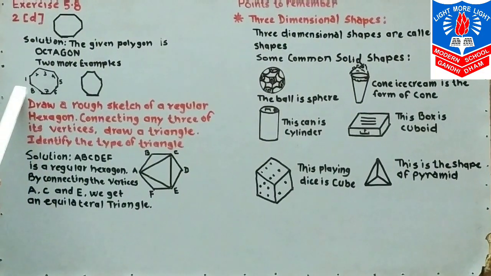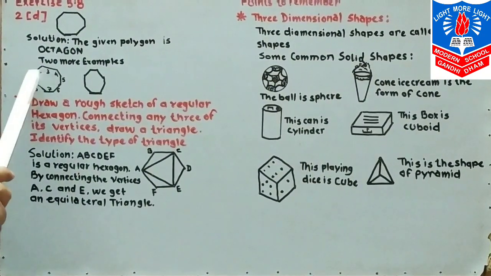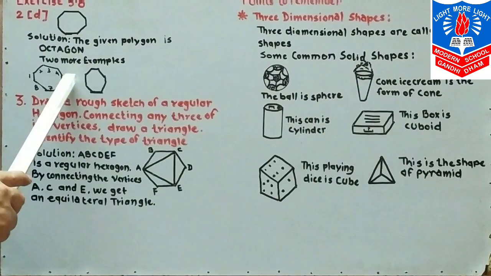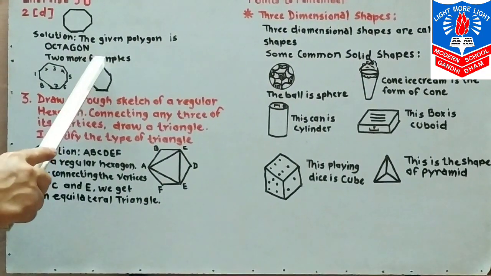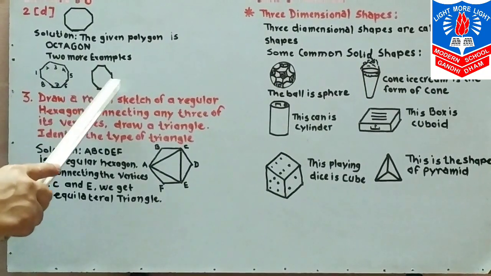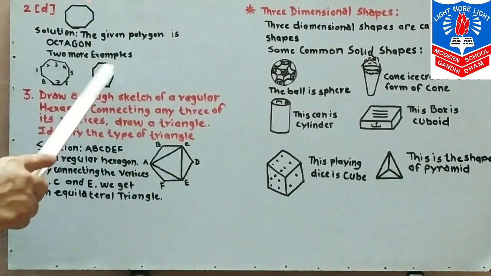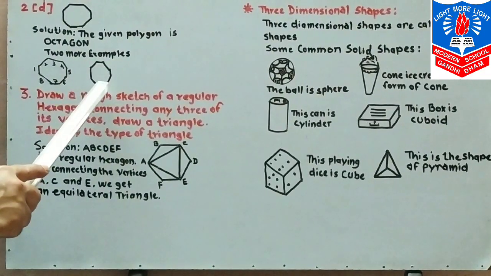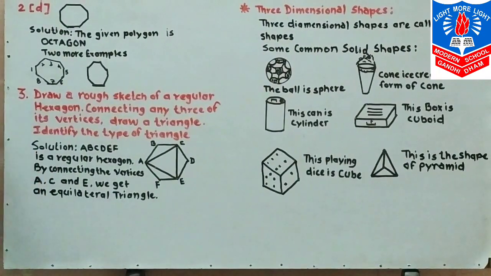So we will get this type of octagon. Count your sides, 1 2 3 4 5 6 7 and 8. Then this is also an octagon. It is horizontal. We will draw it vertical. So we will get this type of figure.